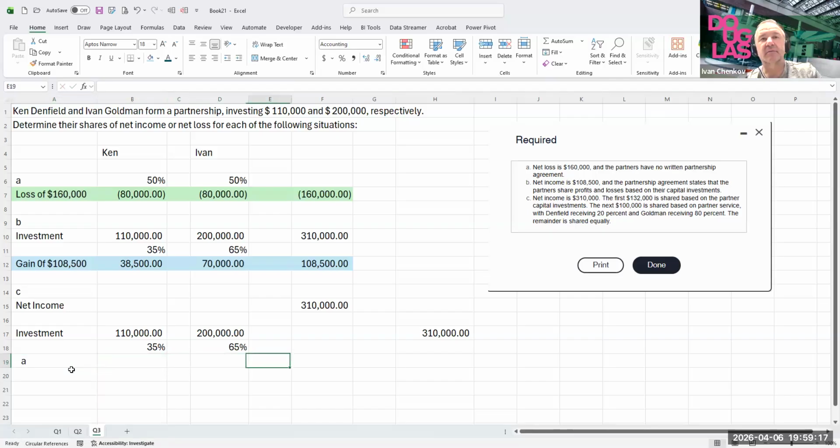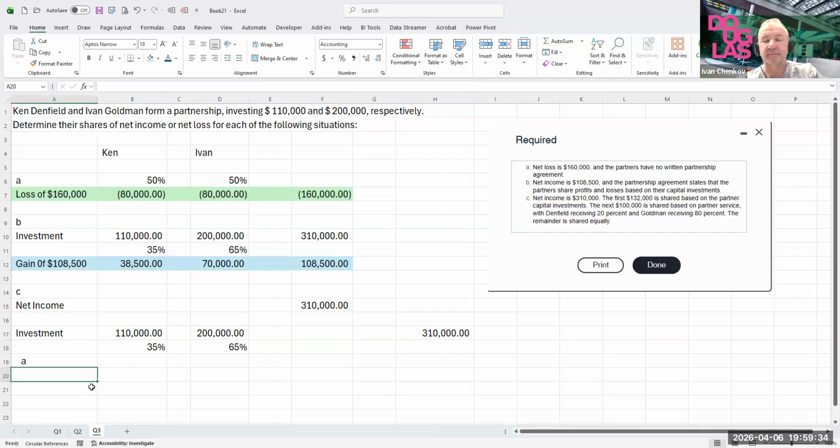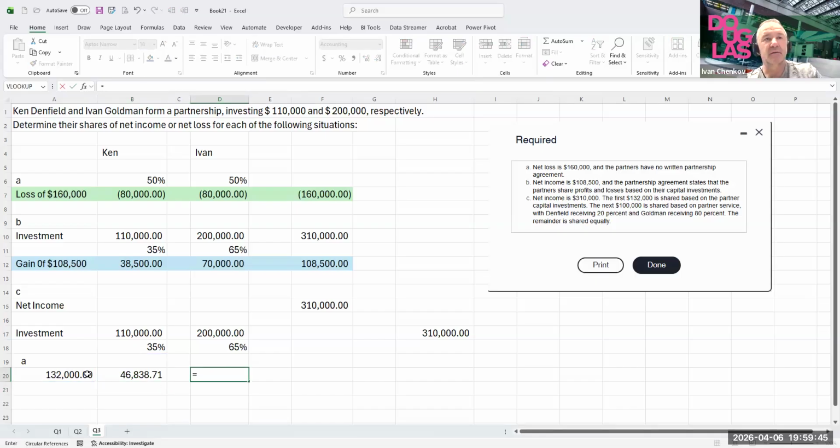Based on this, they're going to share 132. So first one, actually no, I want to put it right here, 132. So I can use this amount. First one gets 132 times 35%. Second one gets 132 times 65%.